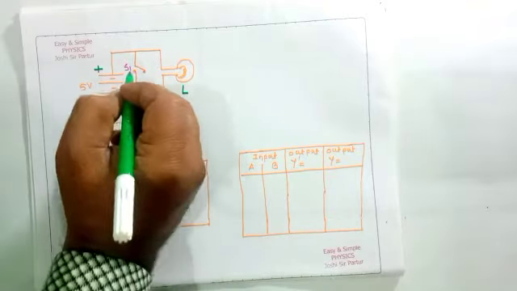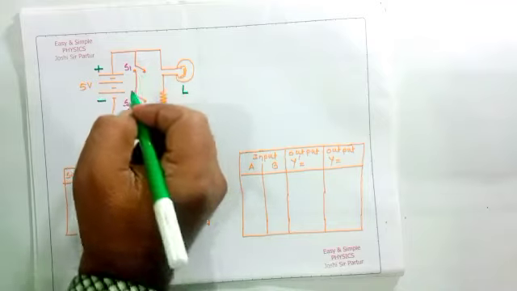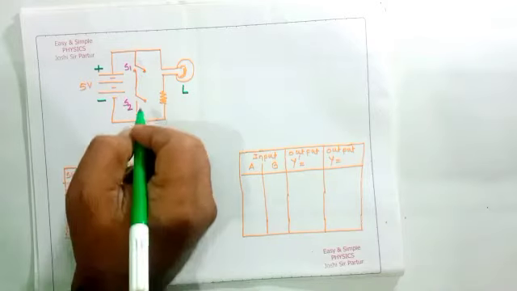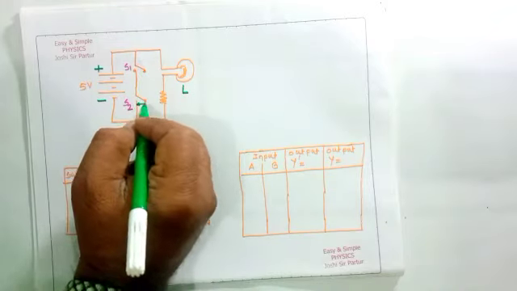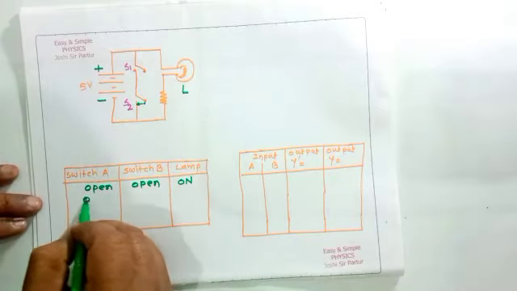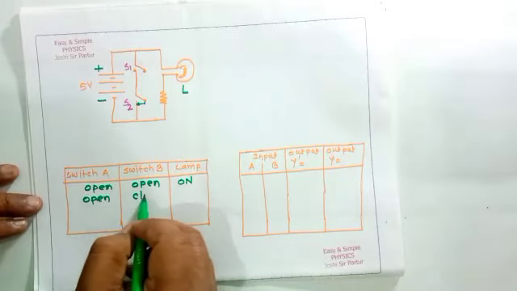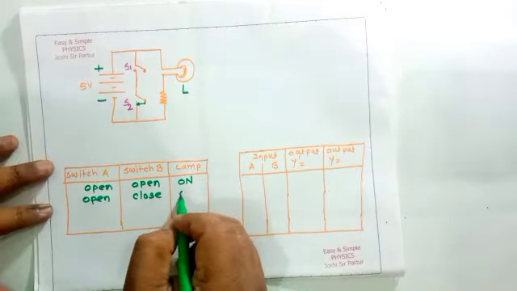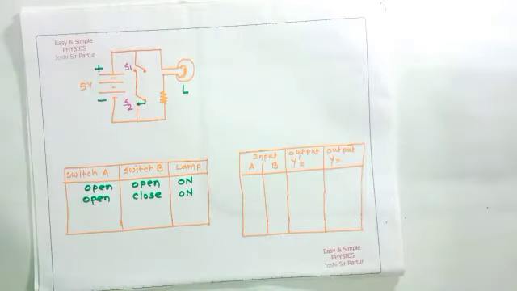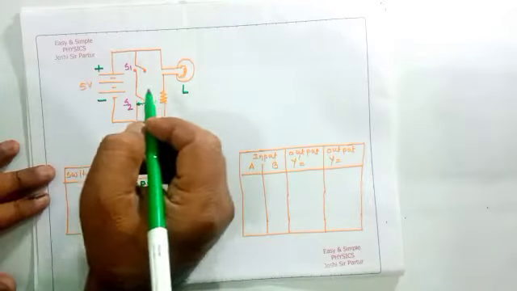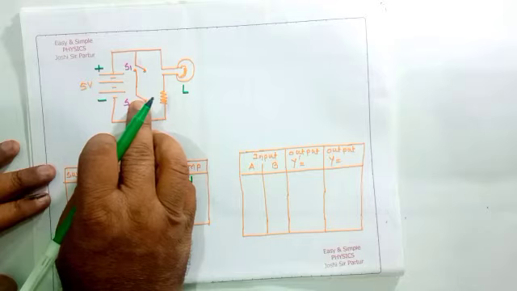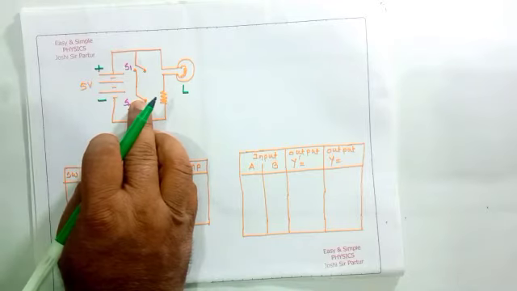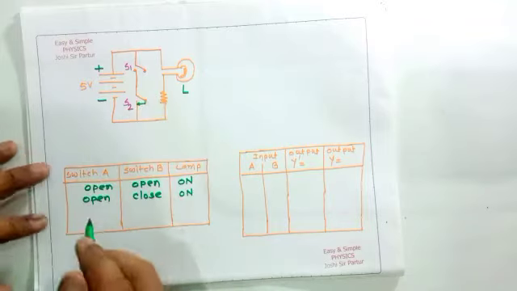When switch A is open and switch B is closed, the lamp glows and it shows on mode. When switch S1 is closed, or switch A is closed, and switch B is open.